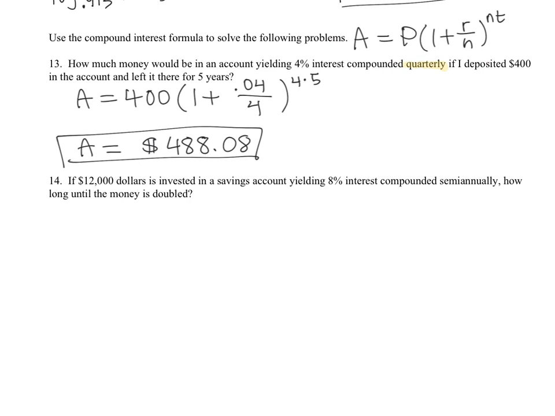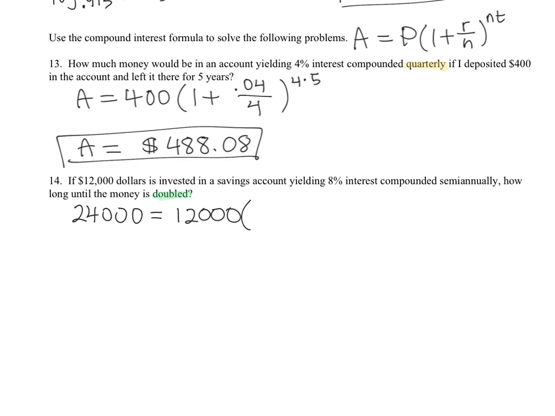In our last question, we have that $12,000 is invested in a savings account yielding 8% interest compounded semi-annually. How long until the money is doubled? So we're solving for time here since it says how long. So our final amount is based on the fact that we're doubling our initial amount. So double our initial amount is going to give us $24,000 equals our initial amount, $12,000.